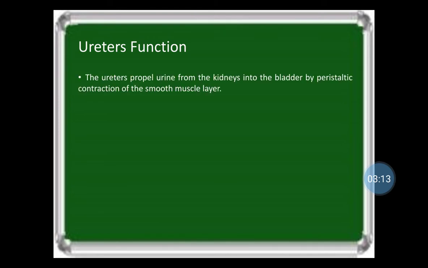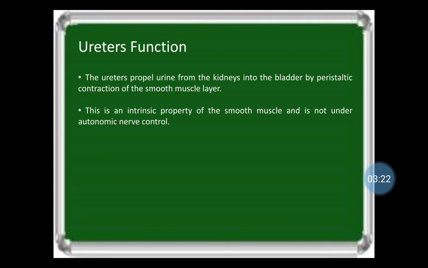The ureter function is, as we see, the urine is pushed into the urinary bladder. This is by the peristaltic movement or peristaltic contraction, and this peristaltic contraction of the muscular wall of the ureter pushes the urine toward the urinary bladder, and the hydrostatic pressure and the gravitational force also contribute to pushing the urine into the urinary bladder.